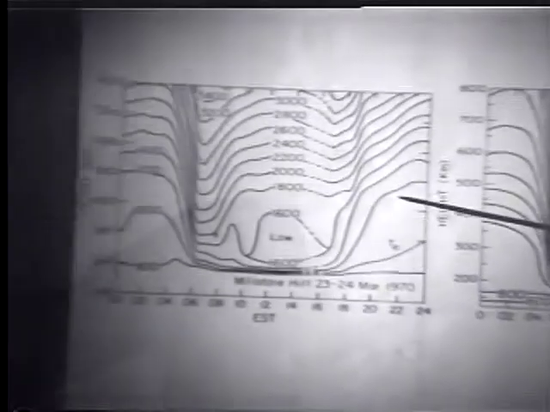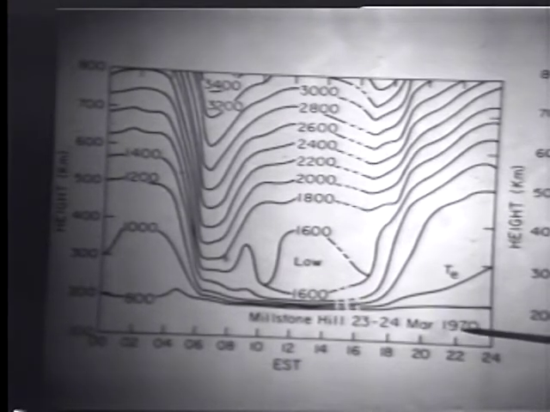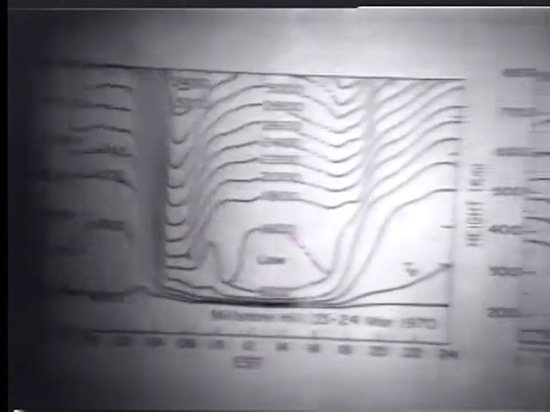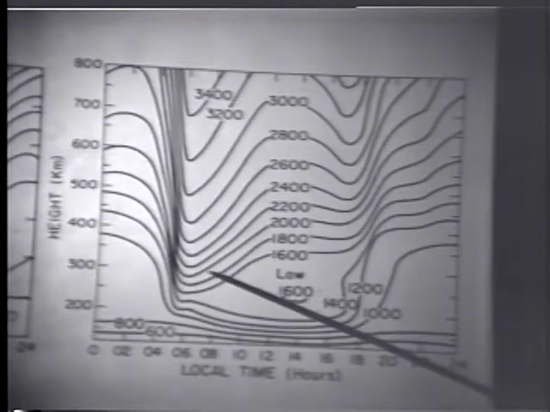Some of the results here, comparing to March 23, 24: the left-hand side indicates the electron temperature as measured by John Evans in the slide that he presented earlier in the day for March 23, 24, 1970. The diurnal variation, and this slide here illustrates the calculated values from the model.